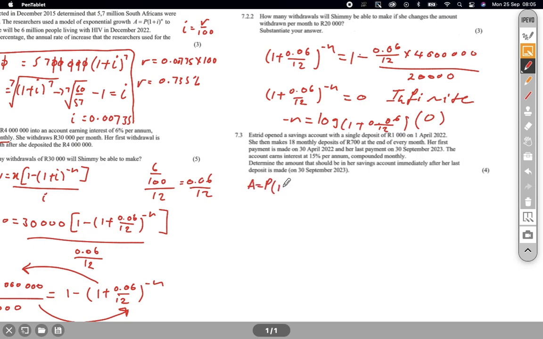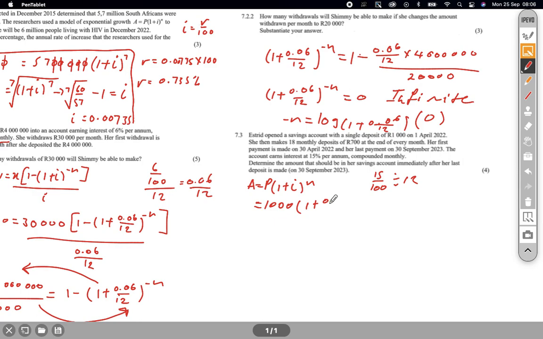I'm going to use this formula, the compound formula, because the interest is compounded monthly. So she put in 1,000 at 15% divided by 100, but because it's compounded monthly, you divide it by 12.